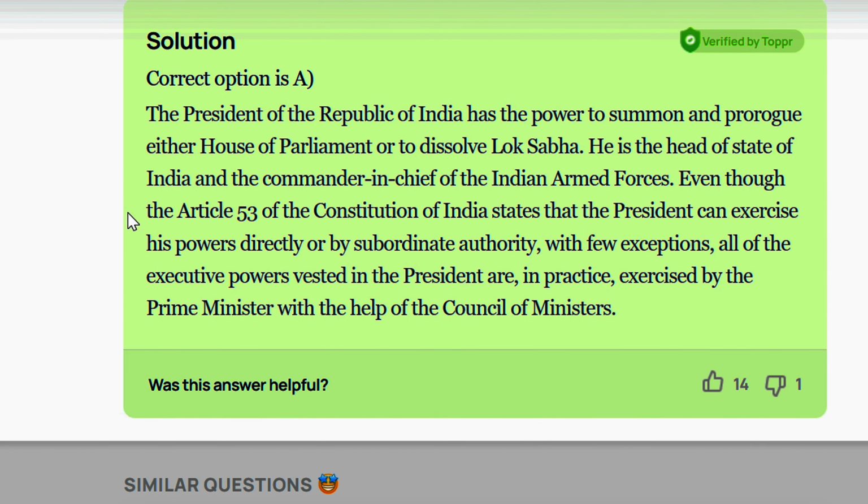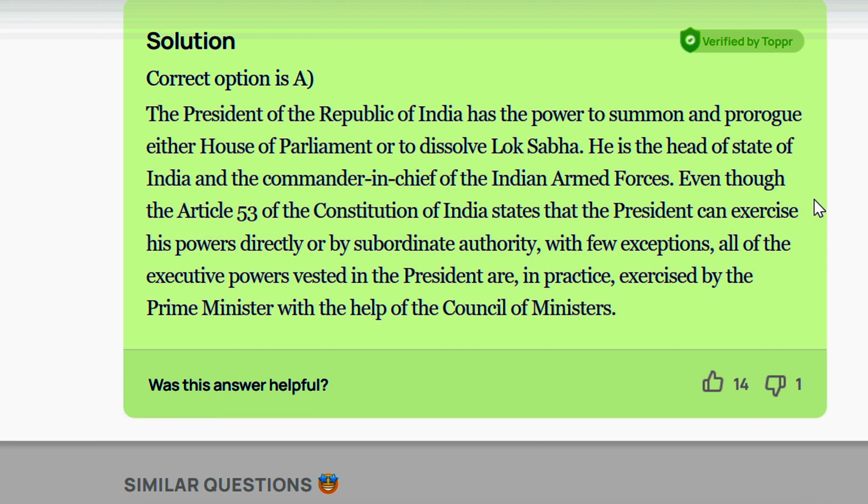The President of the Republic of India has the power to summon and prorogue either House of Parliament or to dissolve Lok Sabha. He is the head of the state in India and the Commander-in-Chief of the Indian Armed Forces, even though Article 53 of the Constitution of India states that the President can exercise his power directly or by subordinate authority with few exceptions.